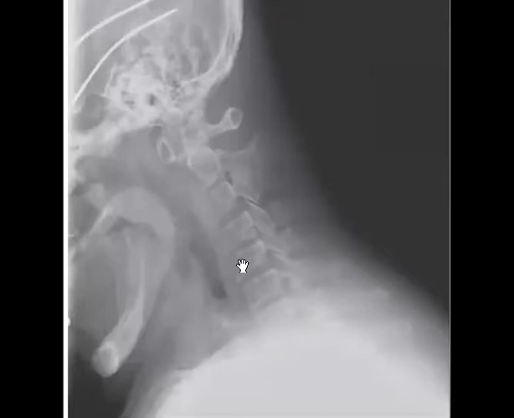Atlantoaxial dislocation. Atlantoaxial subluxation, yeah. Why? Because you find something here. How do you describe it? There is widening of the space between the anterior arch of the atlas and the axis vertebra, distance more than 3 mm.